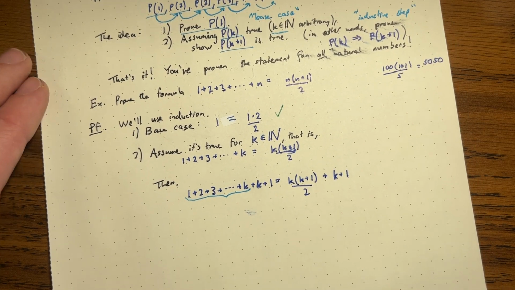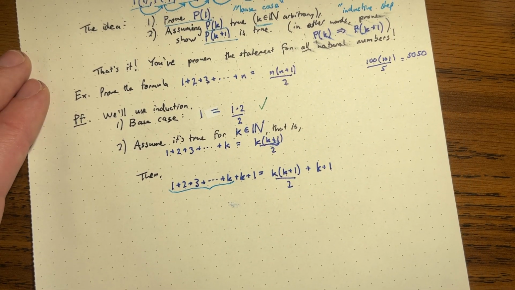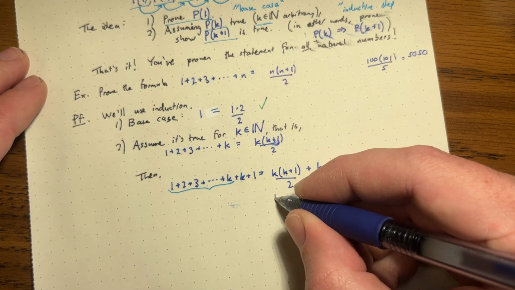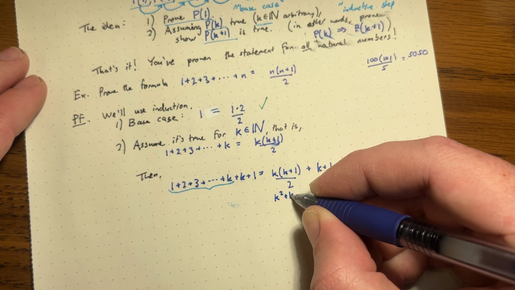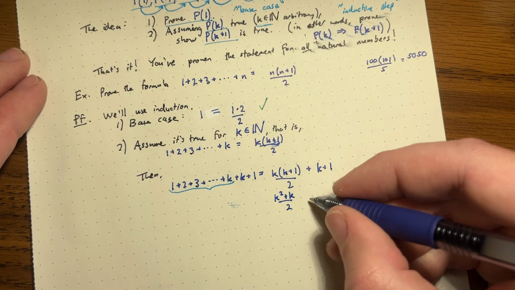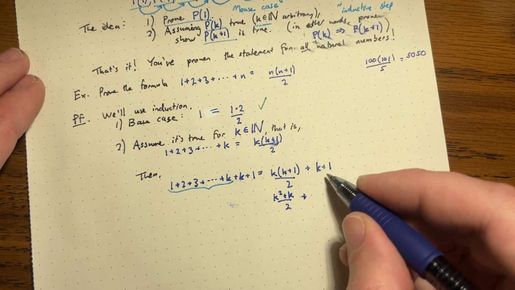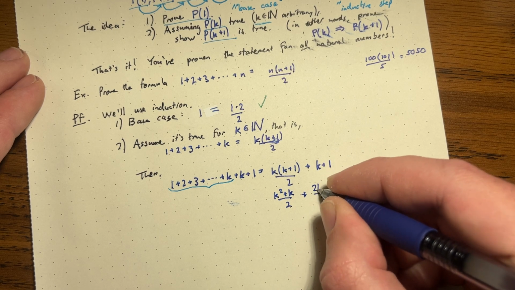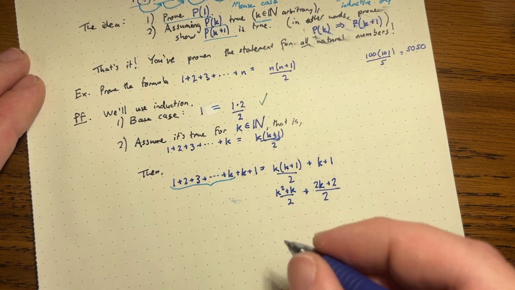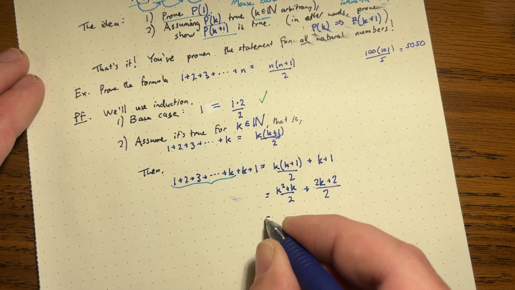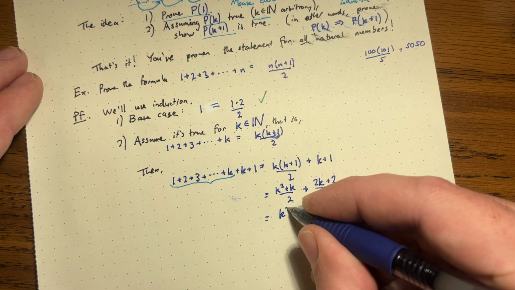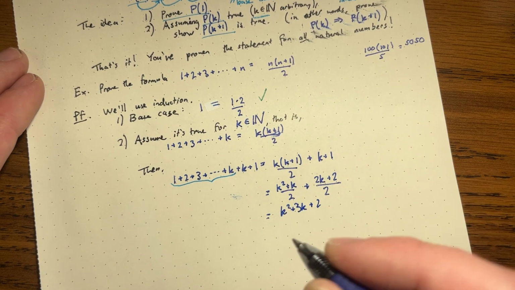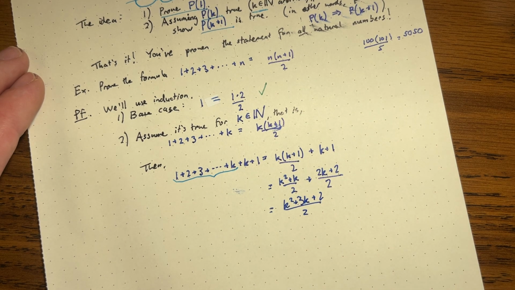Okay. All right. Let's do a little bit of algebra here. So what is this? k squared plus k. I never know if I should expand it out or leave it factored, but I know I'm going to have to combine these two. So this is 2k plus 2 over 2. And let's actually add those fractions together. So we got k squared plus k plus 2k, that's 3k, plus 2, over 2.